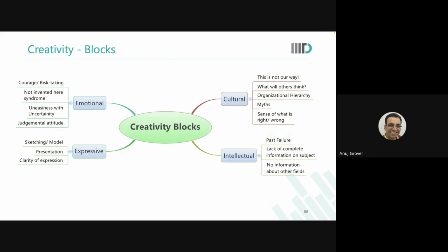But something else could have come. Sometimes, oh, this does not blend with the ethics of my organization. How can a technical person like me think of such a funny idea? Hmm? हंस रही है. Then organizational hierarchy.